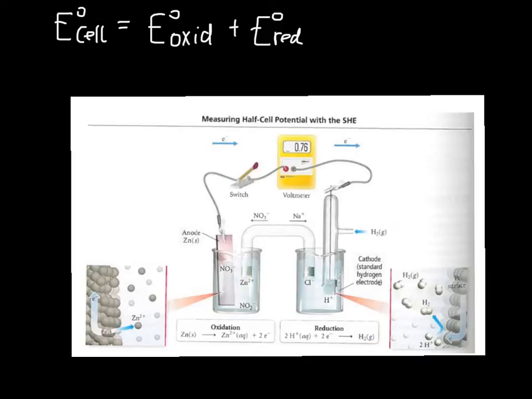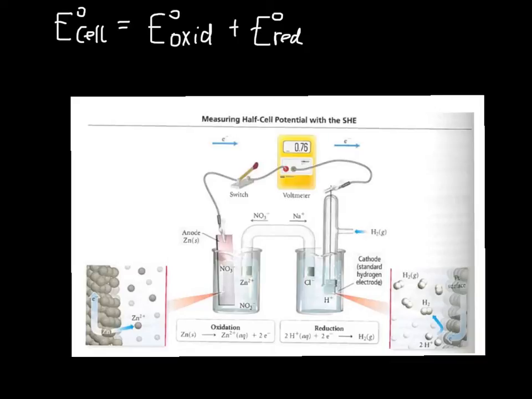So we have H+ forming H2 gas through this reaction. And we have zinc being oxidized over here. If this circuit is set up with a voltmeter in here, then we can compare the potential for the oxidation half reaction to our standard hydrogen electrode. And we see that for this oxidation of zinc, the voltage that we read is 0.76 volts.